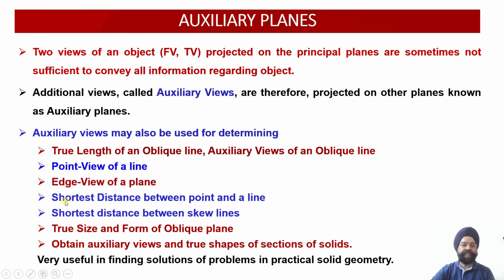In this lecture we are going to discuss evaluation of the shortest distance between a point and a line. We are also going to discuss how we can use the method of auxiliary planes to evaluate the shortest distance between two skew lines. Skew lines are the ones which are neither parallel nor intersecting.